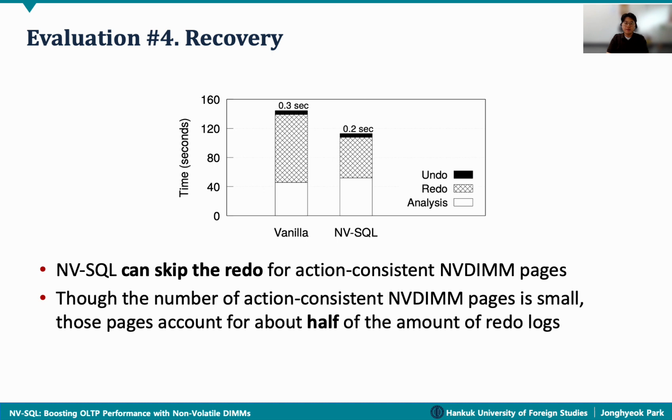This is because MVC-curl can bypass redo logs for action-consistent NVDIMM pages. For action-inconsistent pages, redo logs must be reapplied to the corresponding old pages in the SSD. Even though action-consistent NVDIMM pages are few in number, they account for about half of the total redo logs. So this effectively cancels out this overhead.